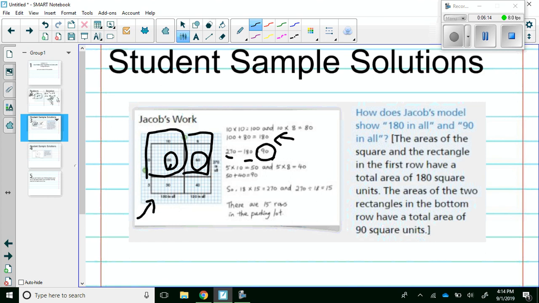So he added on to his problem. He next took 5 rows of 10 to get 50, and then he took 4 rows of 10 to get another 40, leaving him with the 90 spaces he was needing to fill up the parking lot of 270 spaces. Then he wrote that 18 times 15 equals 270, and 270 divided by 18 equals 15. So there has to be 15 rows in the parking lot.